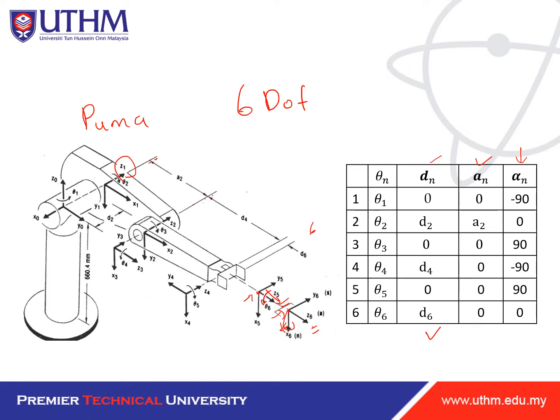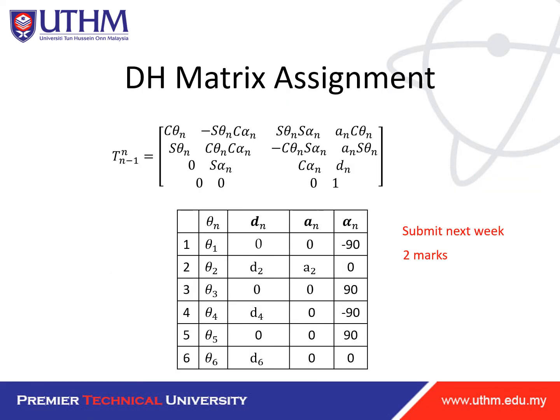Now we want to find the matrix. First, we need to fill in all of these values into one matrix. The first one will become T n minus 1, which is 0, n, which is 1, and we need to fill in everything here.